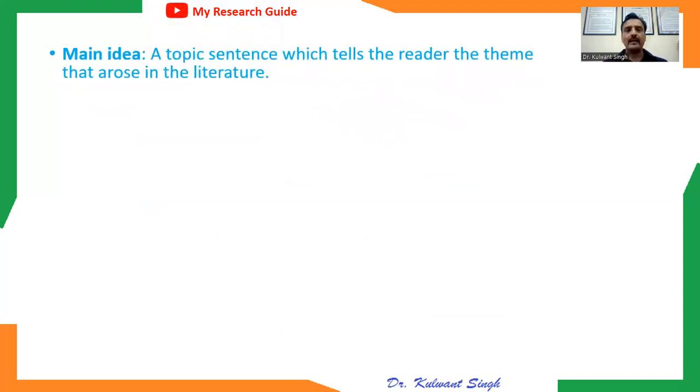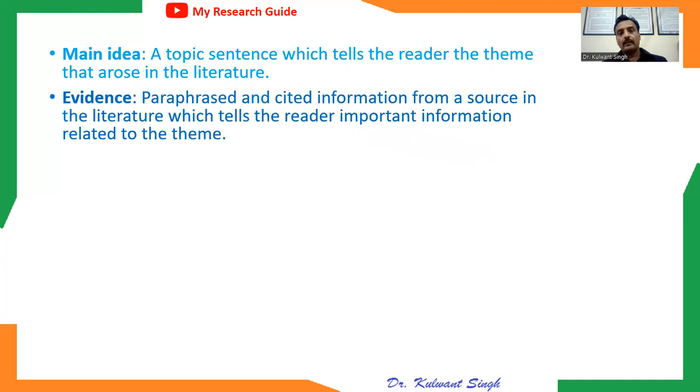In the main idea, a topic sentence tells the reader the theme of your topic. Then the evidence: we have to provide information from the literature. We have to properly use existing research papers for citation purposes and support our main idea with the literature.